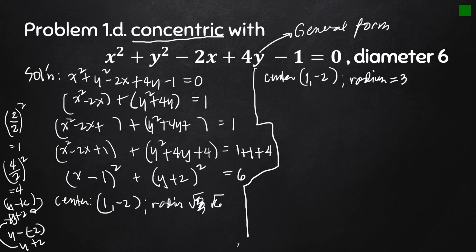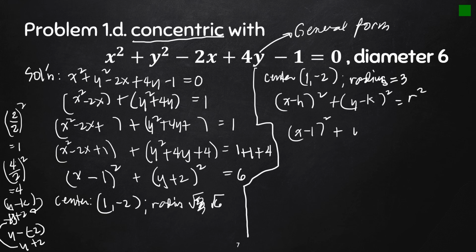So to find the equation of this circle, because we already have the coordinates of the center, and the radius, which is 3. Using the equation of the circle in standard form, which is x minus h quantity squared plus y minus k quantity squared equal to r squared, we now have x minus 1 quantity squared plus y plus 2 quantity squared.